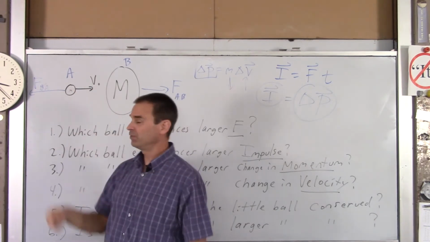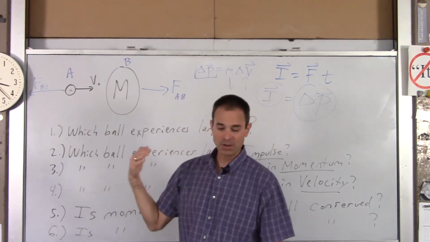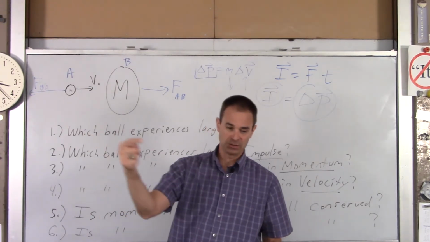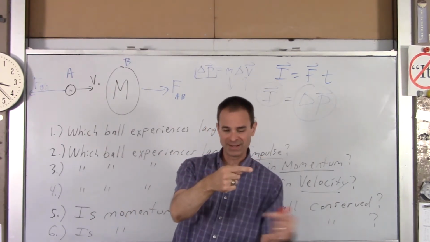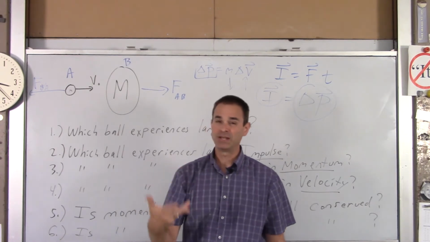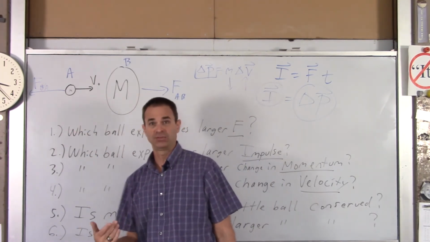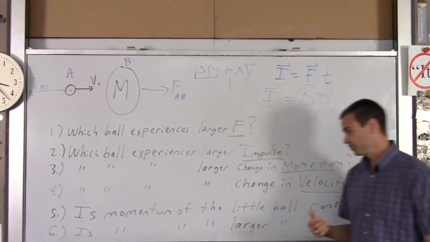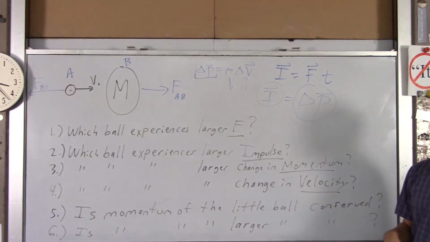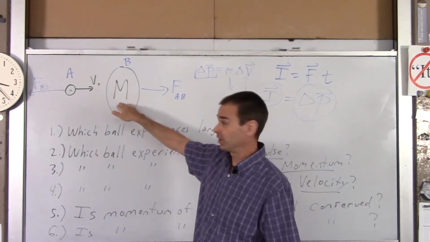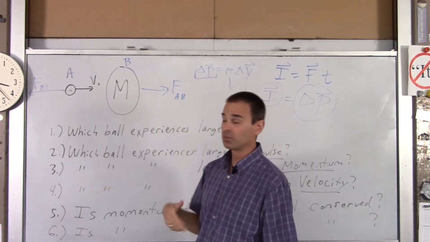Afterward, this ball's moving to the left. I don't care how big the velocities are, that's different. Momentum's a vector. If the momentum's going one way before and a different way after, there has been a change in momentum. So the little ball's momentum changed. It's not conserved. Same goes for the larger ball. The big ball was not moving before, after the bounce, it is going to move to the right.